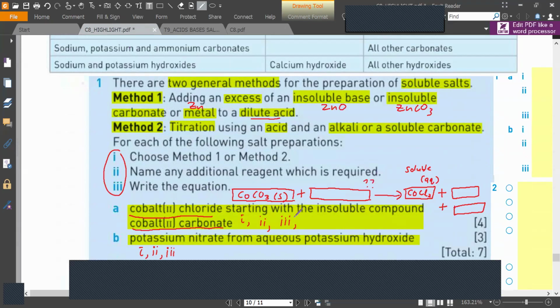You can try to answer which acid we should use to produce cobalt chloride.